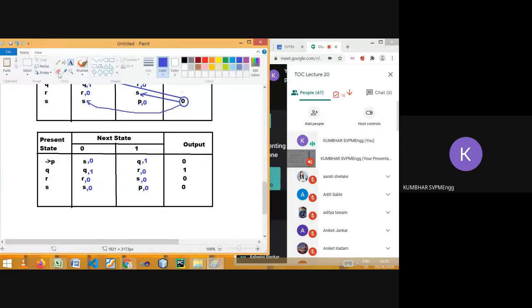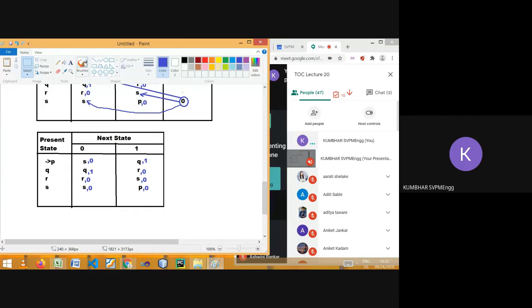And no output is kept in the states. So see, this is the final answer, the Mealy machine. But we can minimize this Mealy machine. There is no need to keep this output part because the output is associated with the transition and we have shown it.